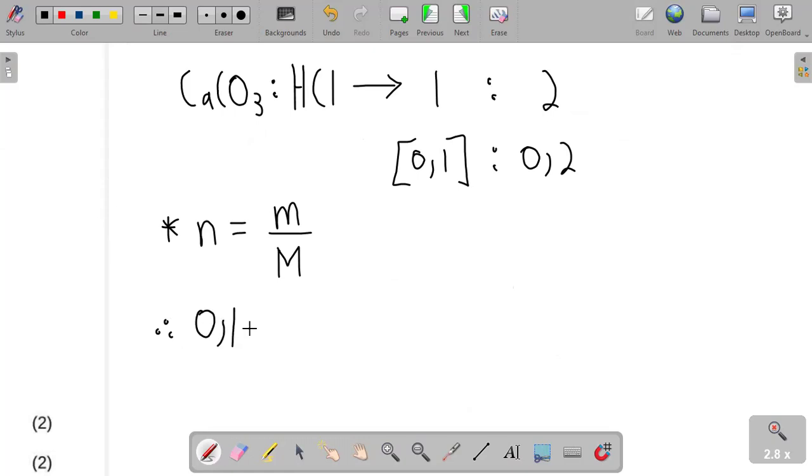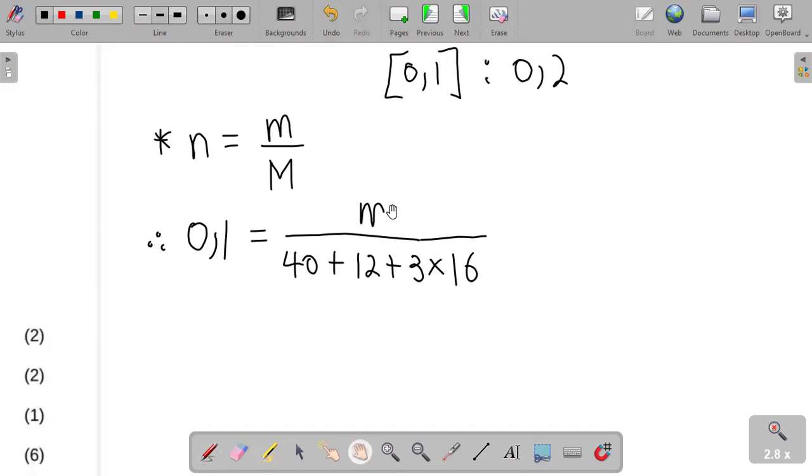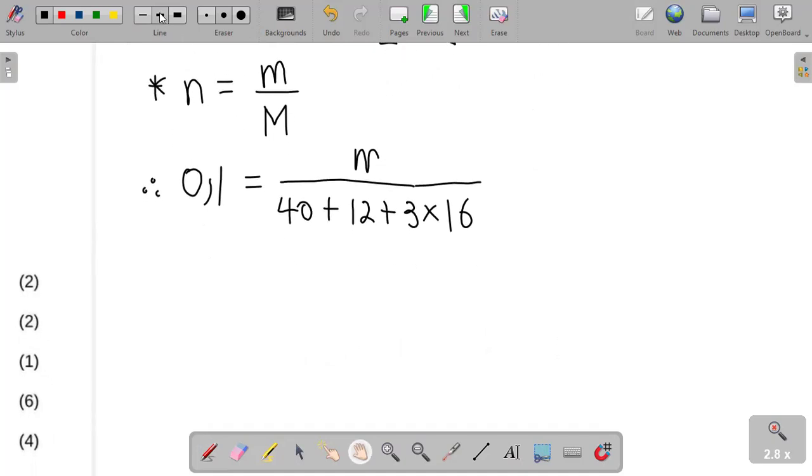Then we're going to say 0.1 equals, this comes from the periodic table, 40 plus 12 plus 3 times 16, and then the m. When you add all these things, you get 0.1 equals m over, so you use a calculator.